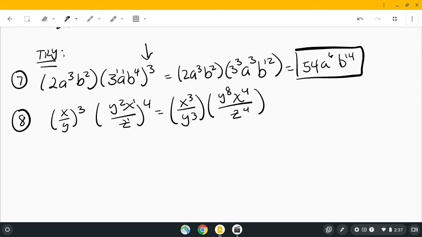And then I have x cubed times x to the 4th. So this is multiplication, so that becomes x to the 7th. And then over here, this is division. This is y to the 8th divided by y cubed, so I'm going to subtract the exponents and get y to the fifth. And then z to the fourth will remain here.